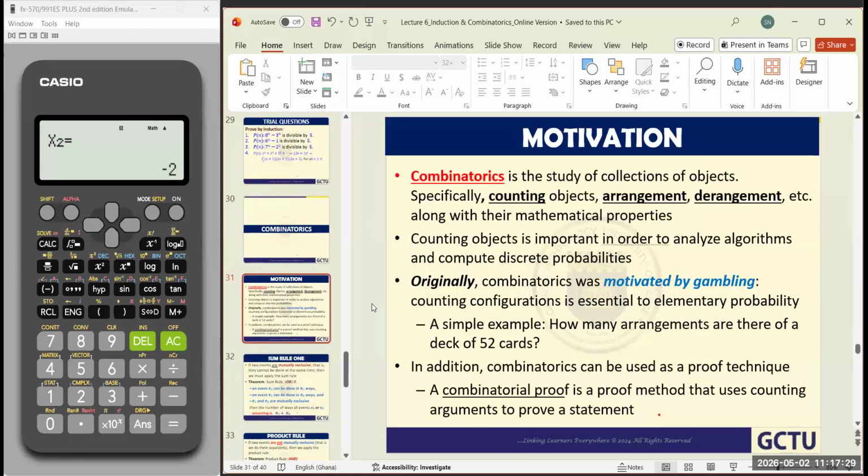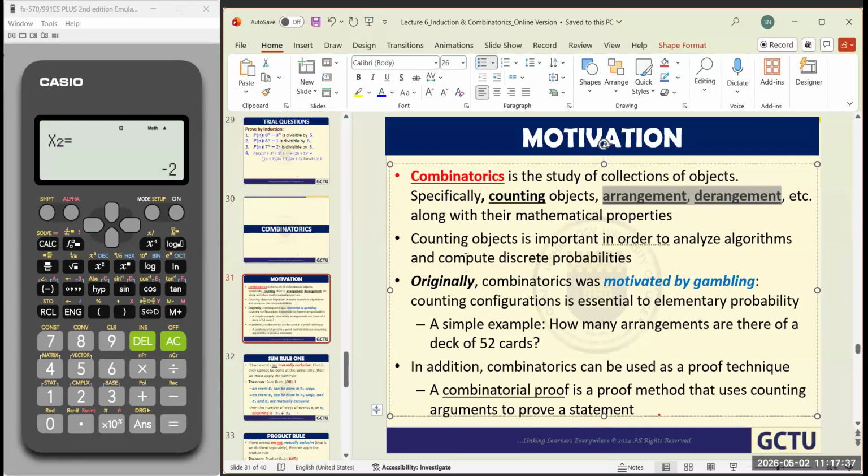Combinatorics is basically, the concept behind combinatorics, like I said, is arrangement. So arranging or rearranging things, that's the concept. In mathematics, we use it to simplify problems like gambling, or when you have a very large number of items and you want to find a choice of a few of them.